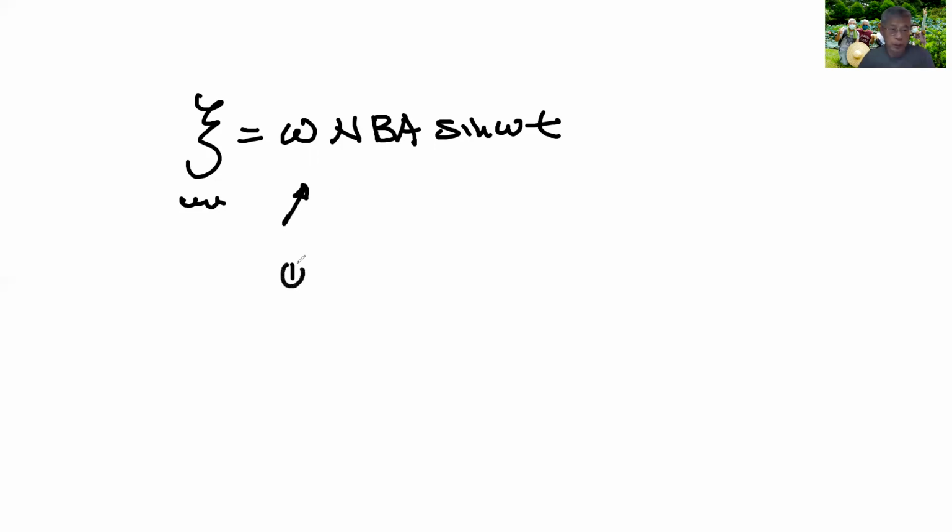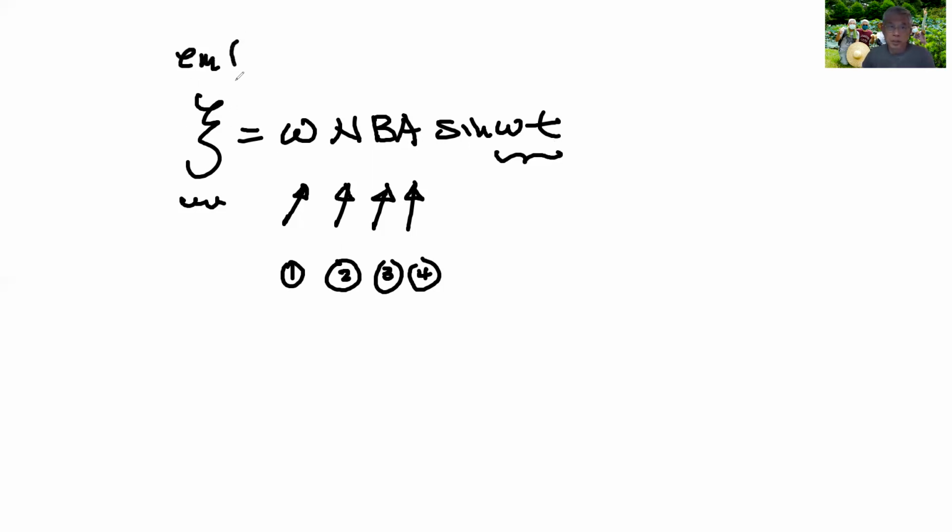Okay, that's one way. Another way is to increase the number of loops, right? Another way is to increase that B field, or you can increase the area of that wire that's inside the B field.